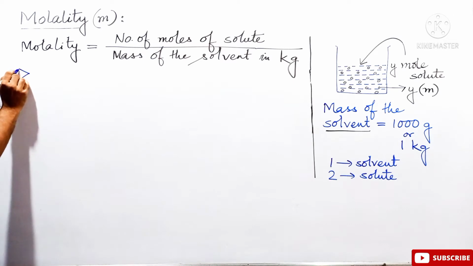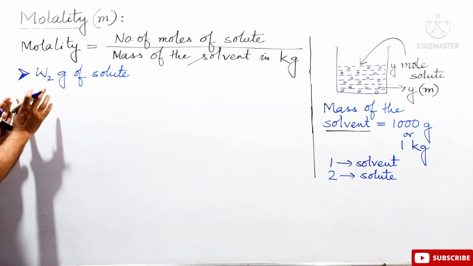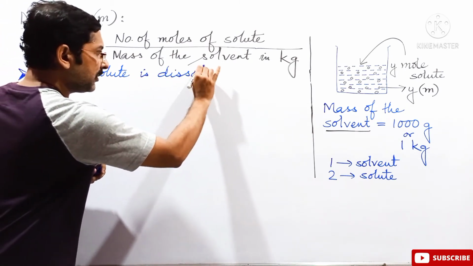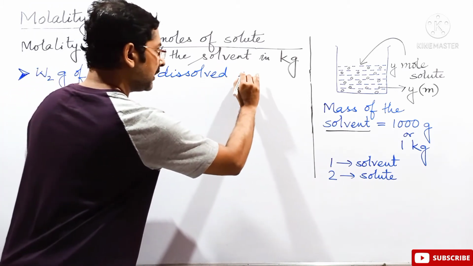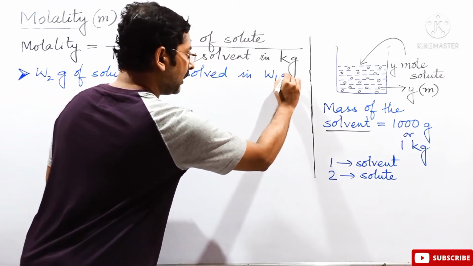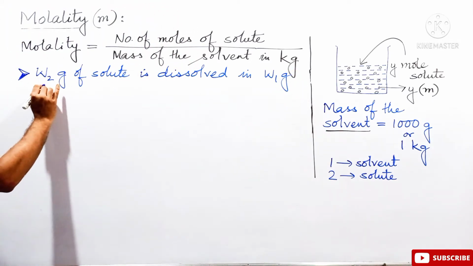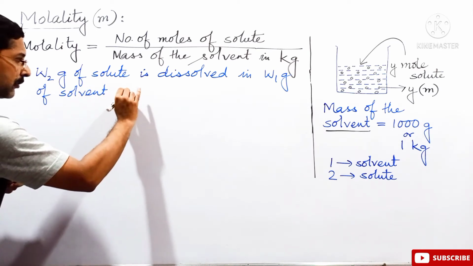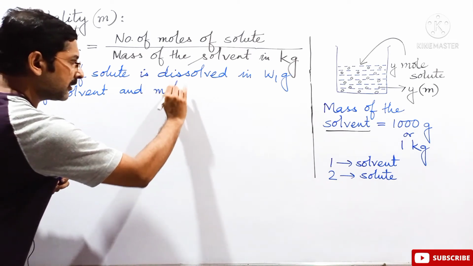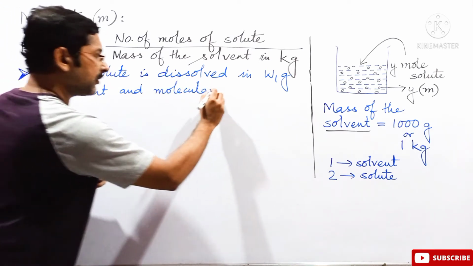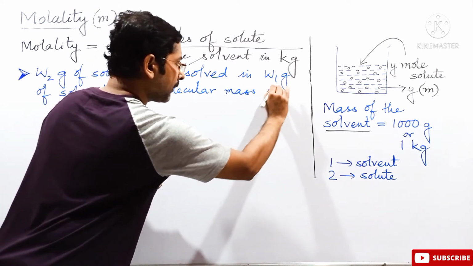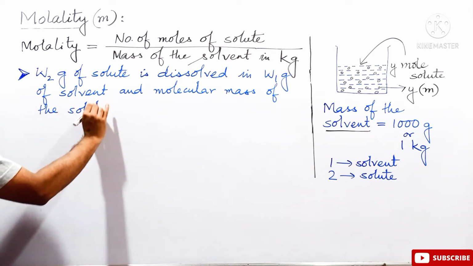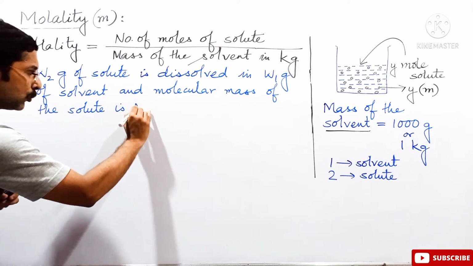Let us consider a solution in which W2 gram of solute is dissolved in say W1 gram of solvent, and of course the molecular mass of the solute is say M2.